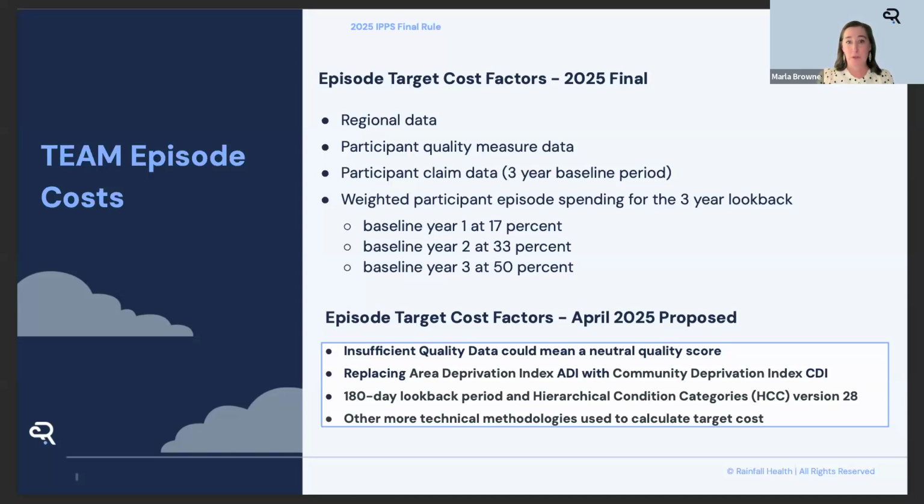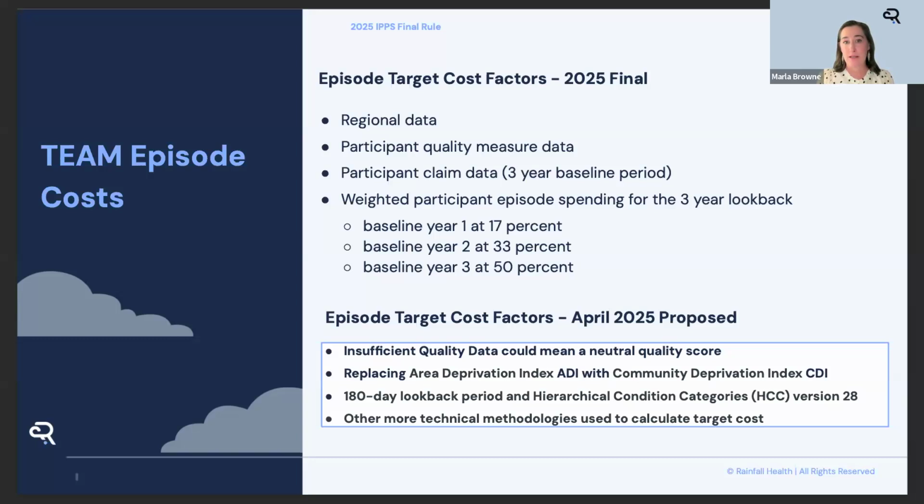Briefly, we talked about this last time, but it is important to understand the factors that are used to calculate a participant's target cost. Those include regional data, participant quality measure data, and participant claim data, that's a 3-year baseline period. That 3-year baseline period is going to be weighted.